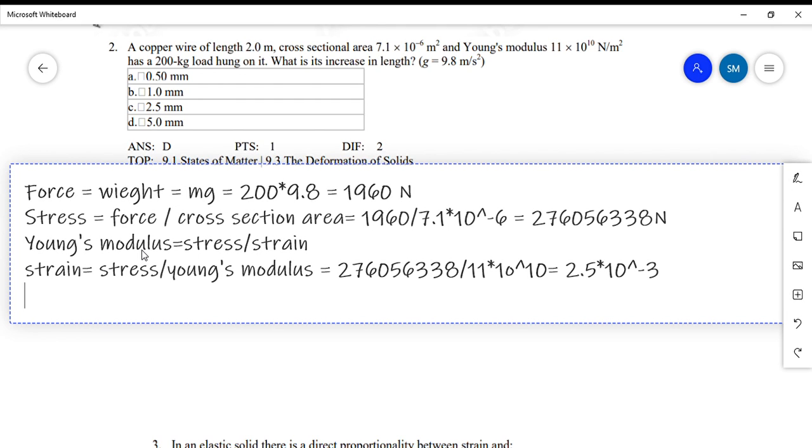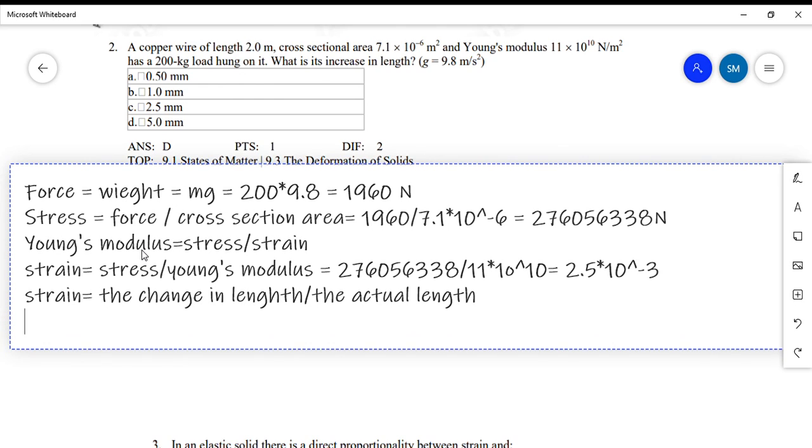As we have the strain and we have L naught, the actual length he gave us in the beginning of the question, which is equal to 2 meters, strain is equal to delta L, the change in length, over the actual length.